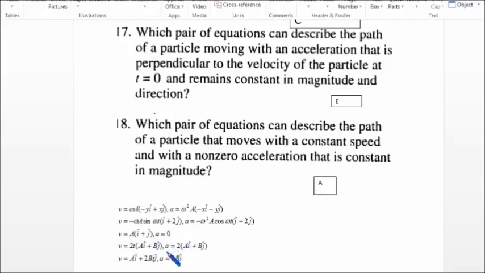And here it is satisfied only at t equal to 0. So these two also do not fulfill the condition that acceleration has to be perpendicular to velocity. So we are only left with this one. So the answer is A.